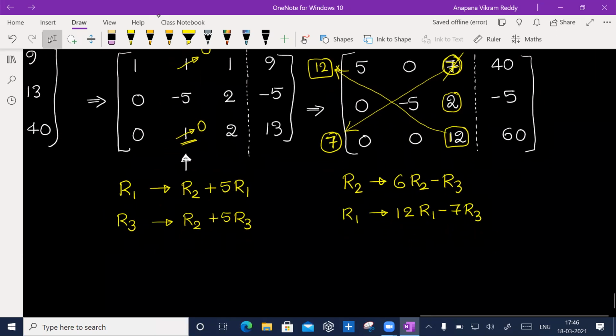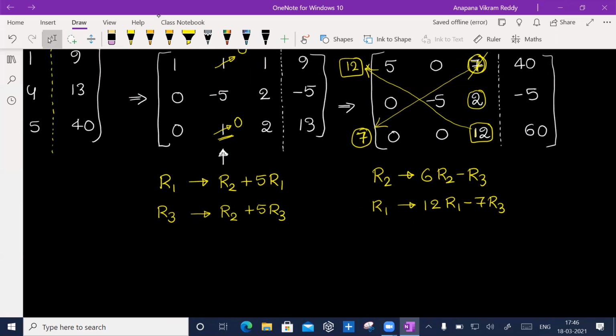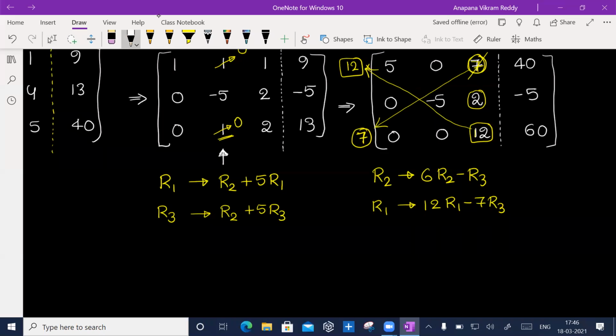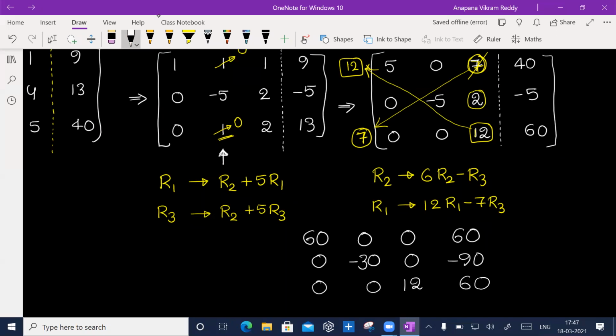Now let me reduce this. I'll make use of white again. Finally, can you tell me what the first row is? 60, 0, 0, 60, right? Did you get the same? Second row: 0, negative 30, 0, negative 90. Please confirm this. And the third row remains unchanged: 0, 0, 12, 60.